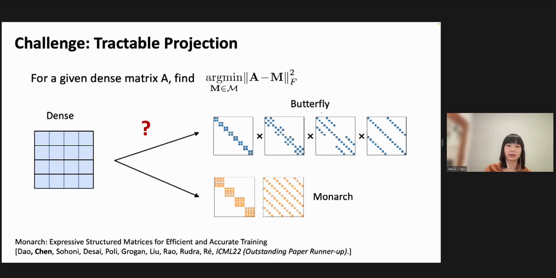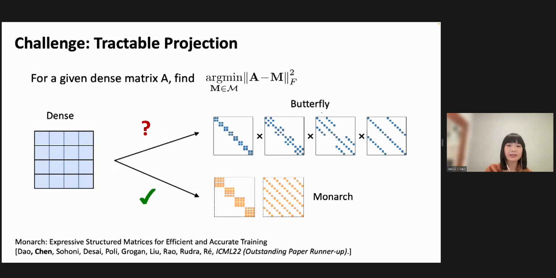For example, our lab spent years working on this interesting theory problem of what's the projection algorithm for butterfly matrices, for these log n matrices. But fortunately, this is probably as hard as tensor decomposition, and we haven't solved it.